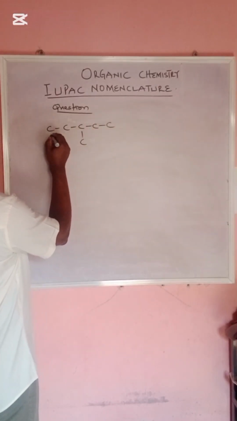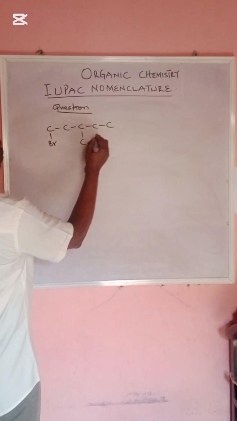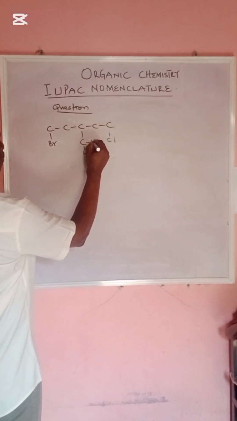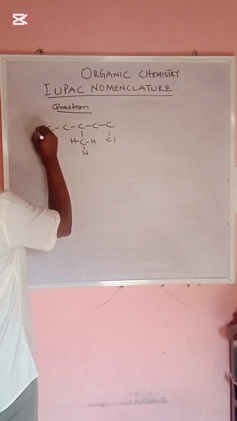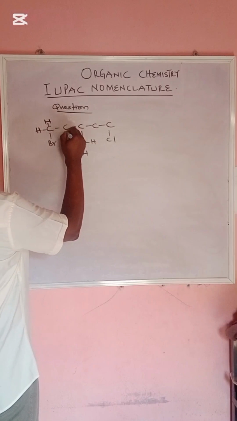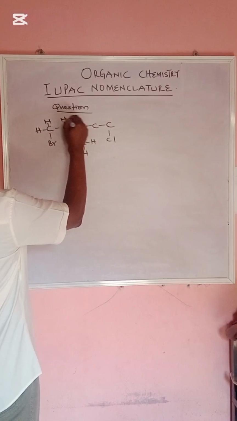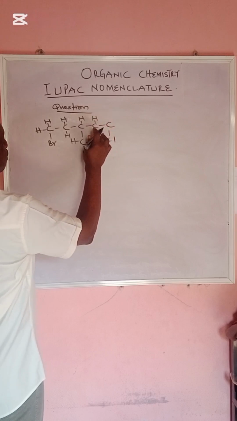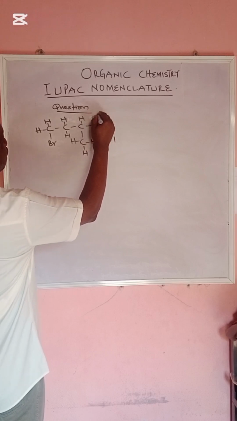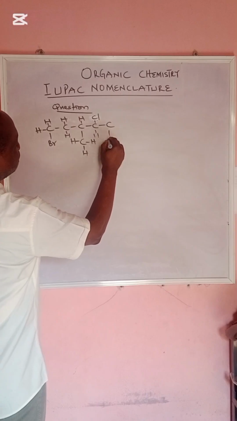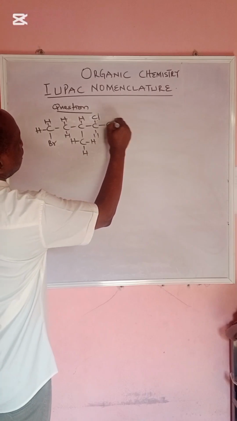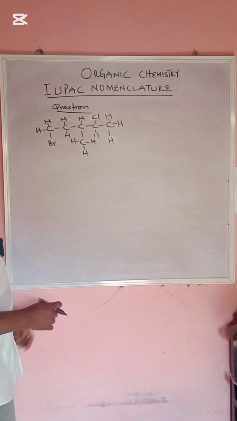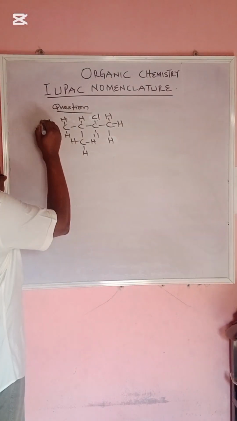You have bromine here, chlorine here, and a methyl here. This one is hydrogen. You have to name this. Count from left to right. That's the rule.